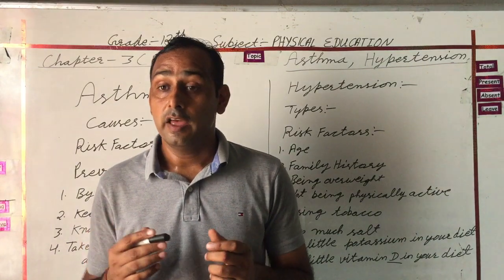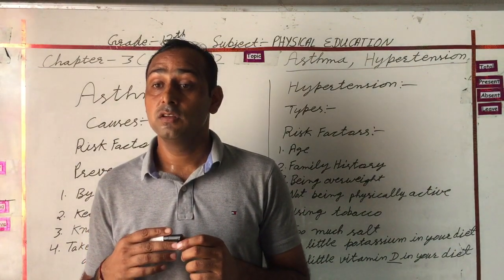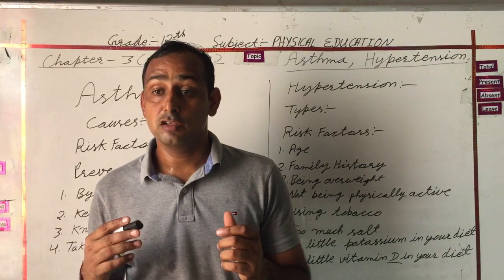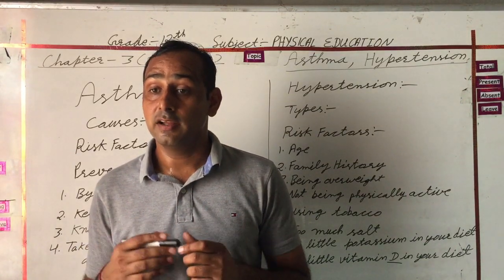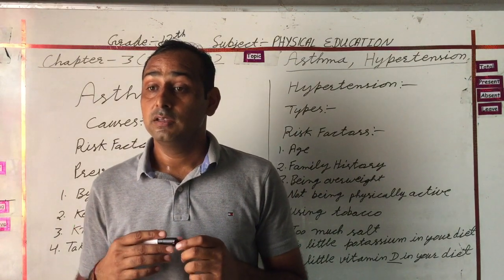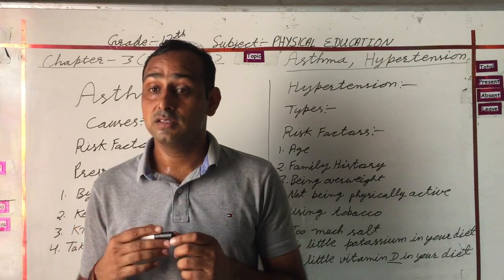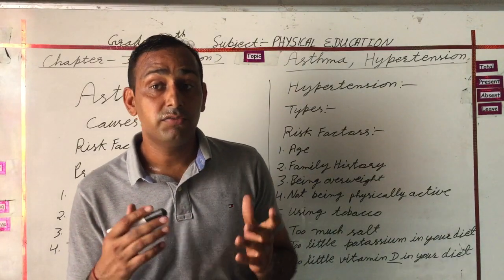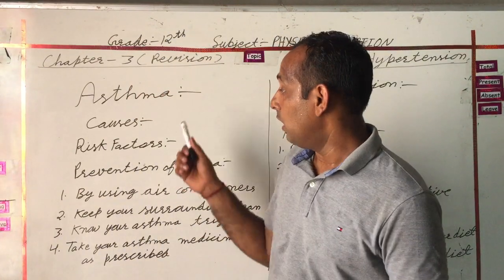Next is exposure to exhaust fumes or other types of pollution. Next is exposure to occupational triggers such as chemicals used in farming, hairdressing, and manufacturing. These are the main risk factors of asthma.